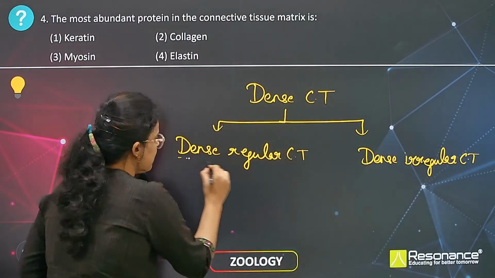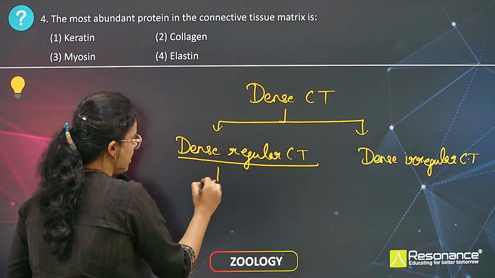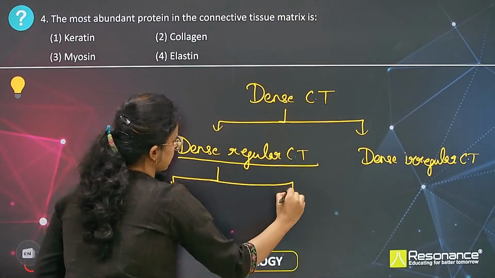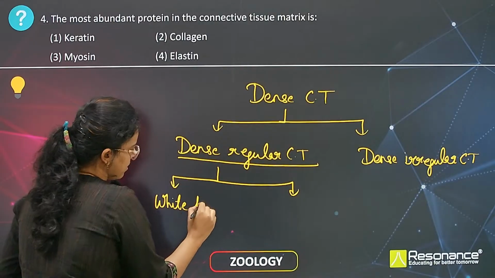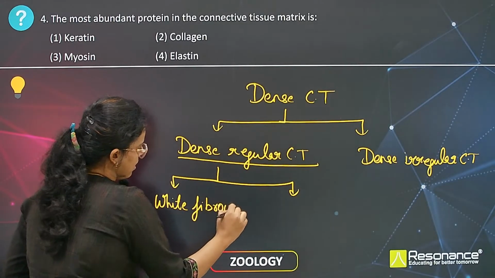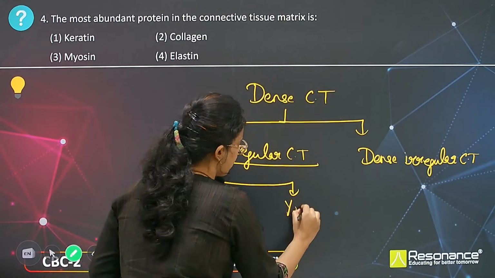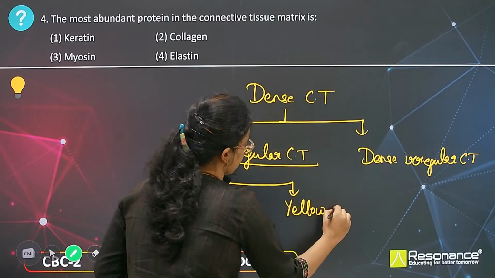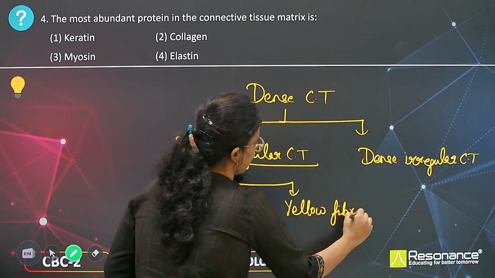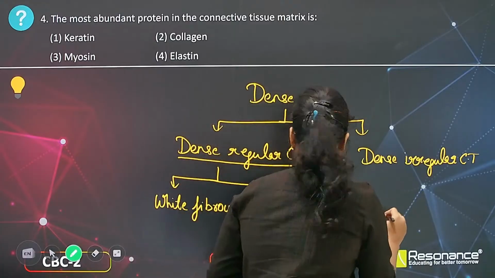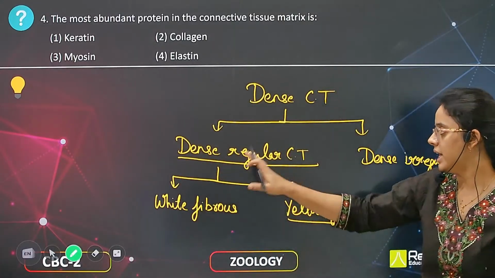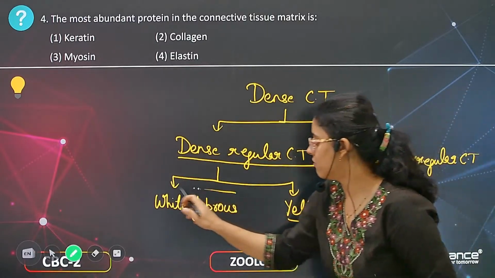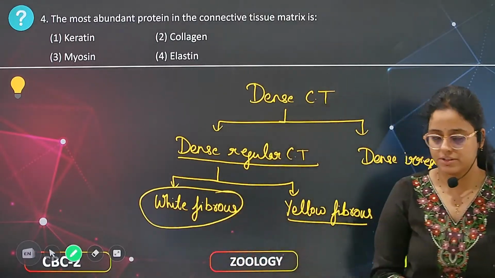In dense regular tissue we had white fibrous tissue and yellow fibrous tissue. You can recall from yesterday, if you have revised after the class, you must know dense regular connective tissue consists of white fibrous connective tissue.